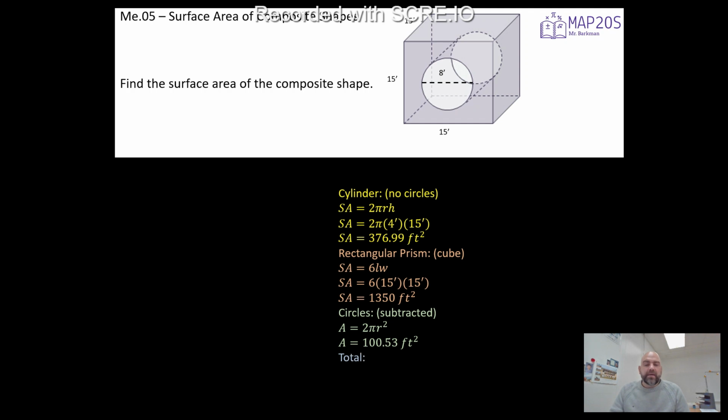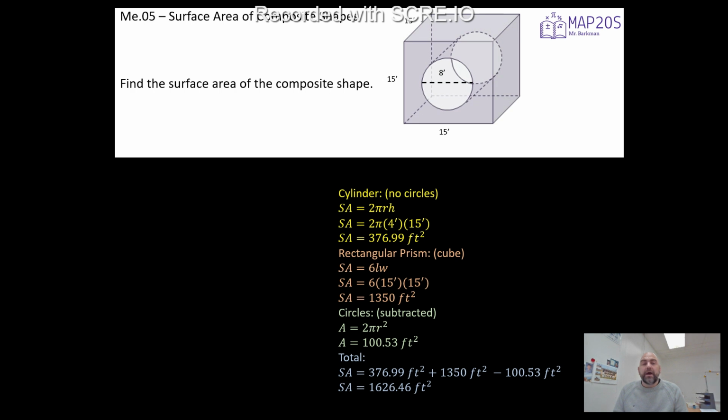Now to come up with our total, we need to add the cylinder and the rectangular prism together and subtract the circles which are not seen on the rectangular prism before we come up with our final answer. If you're going to do a question like this on your own, you have to be careful that you don't include the circles on the cylinder.